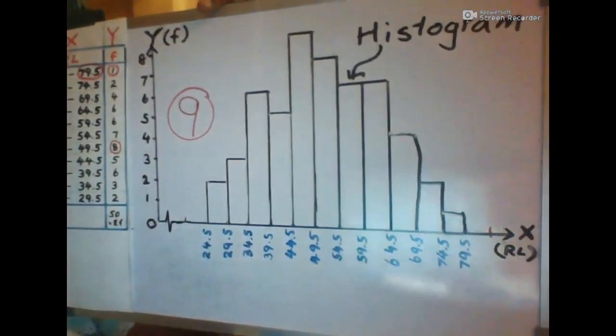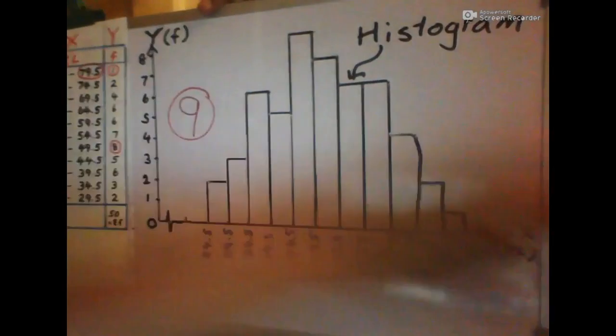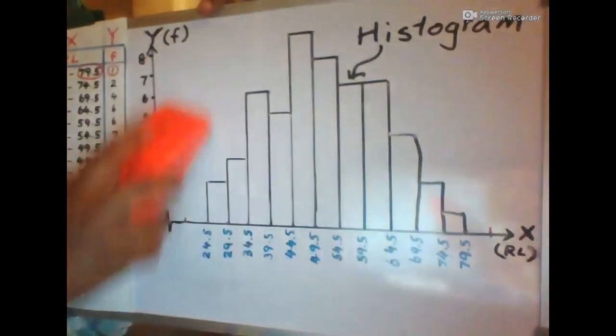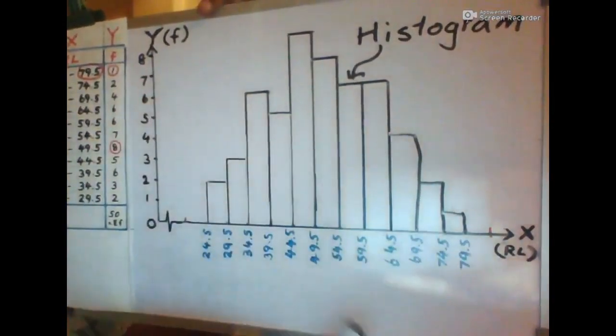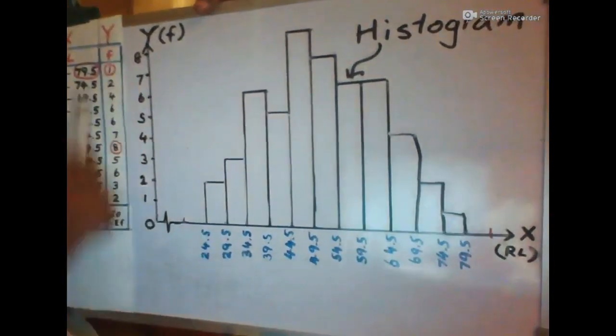There are a few things I have to highlight. When scaling these axes, especially this one, these are fixed, right? Because they are given.